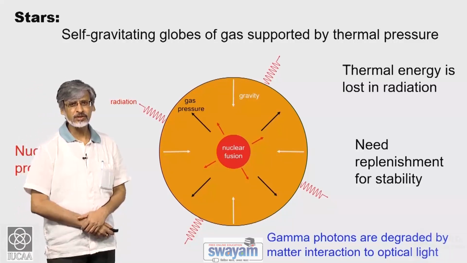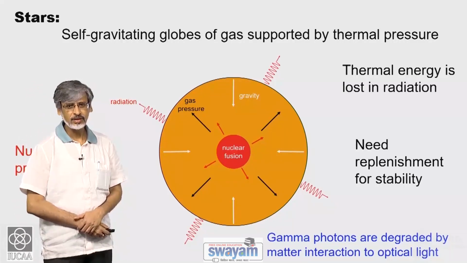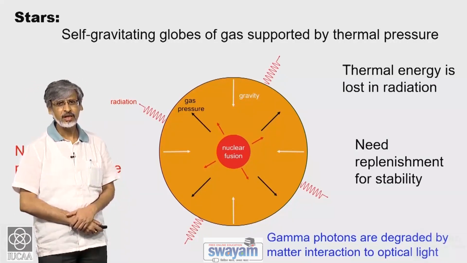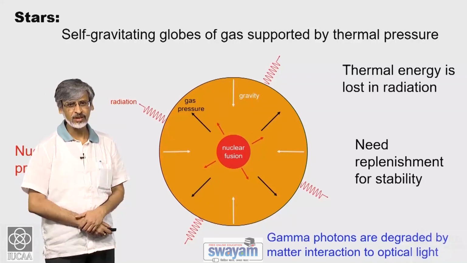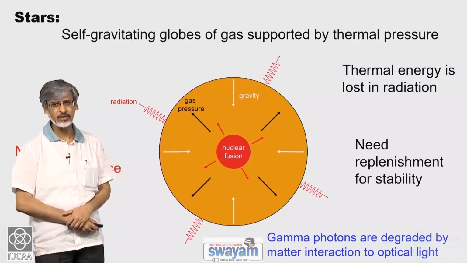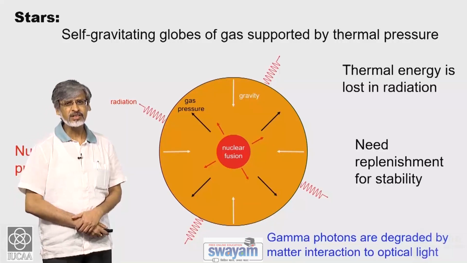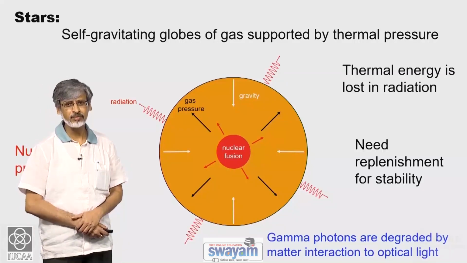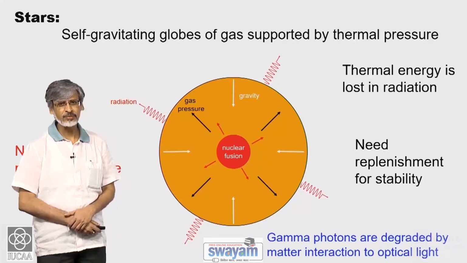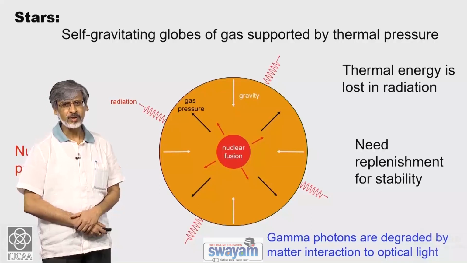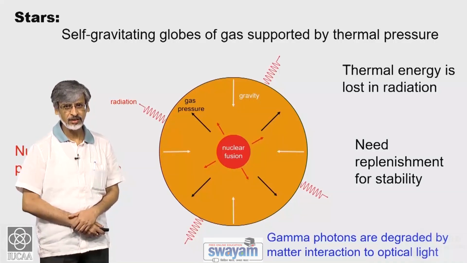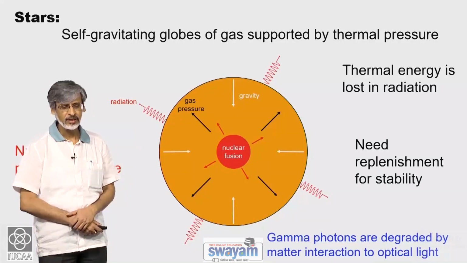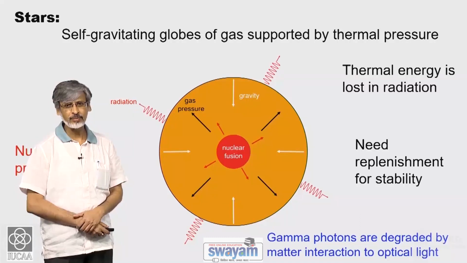These gamma ray photons then escape from the core, interact with the material which is surrounding the core, which we call the envelope, and through this interaction these gamma ray photons get degraded into optical light, and by the time the photons leave the surface, most of them have been degraded to optical light, and that is why the stars we see are very bright in optical.